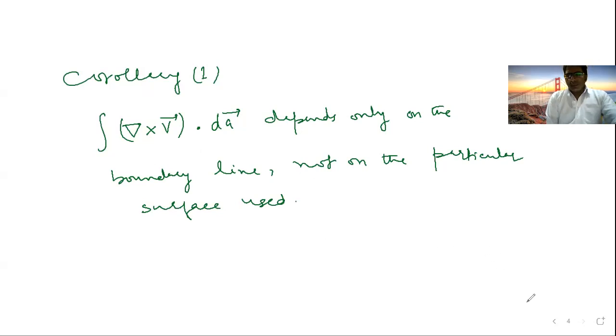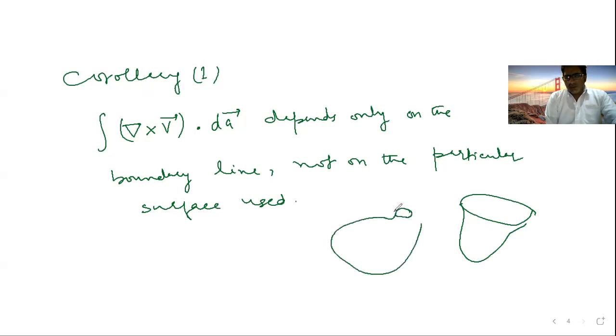The second corollary, first I have to explain one thing. If you have a boundary, it encloses many surfaces. Now if you make this a closed surface, that means if you shrink the boundary to a point, what will happen?